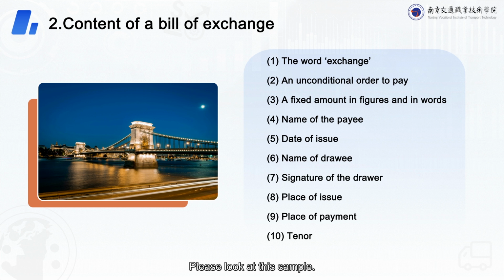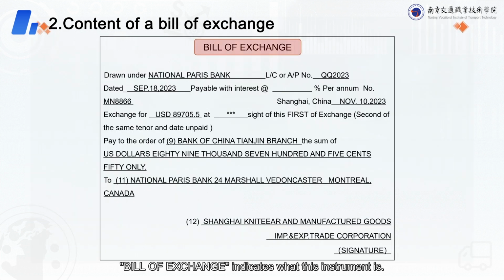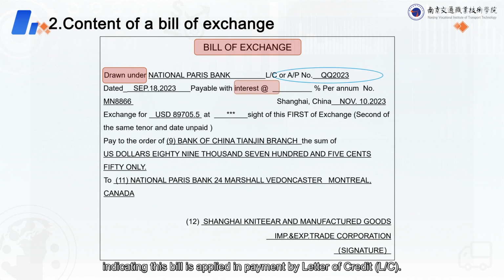Please look at this sample. "Bill of exchange" indicates what this instrument is. The first two lines begin with "Drawn under", indicating this bill is applied in payment by letter of credit, LC.